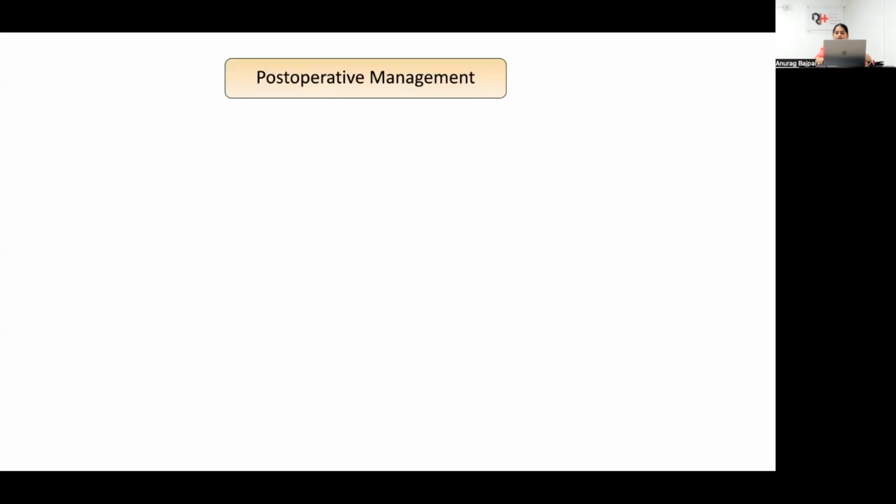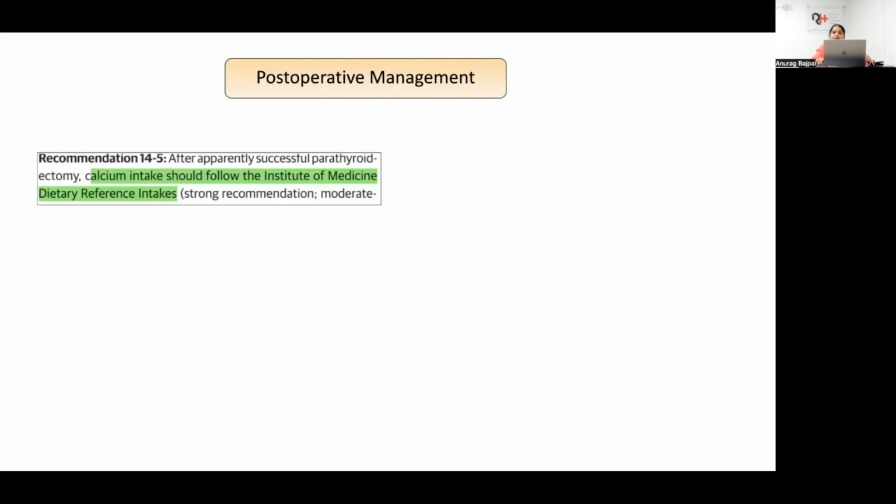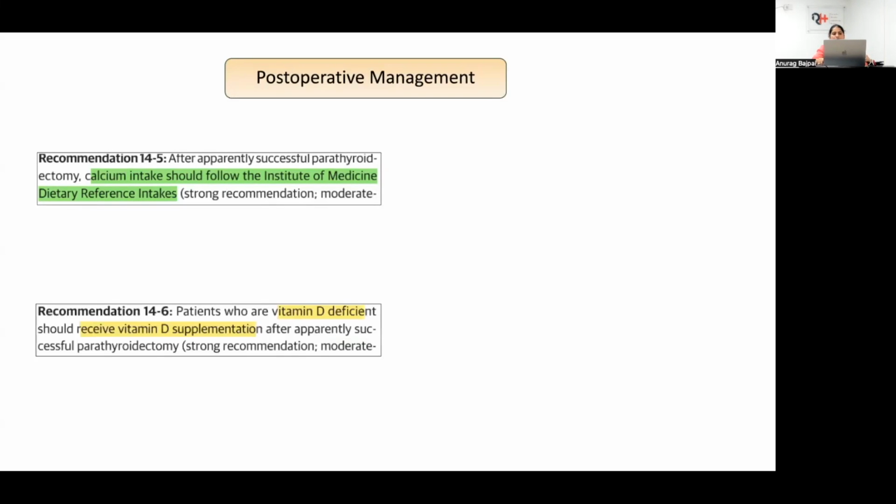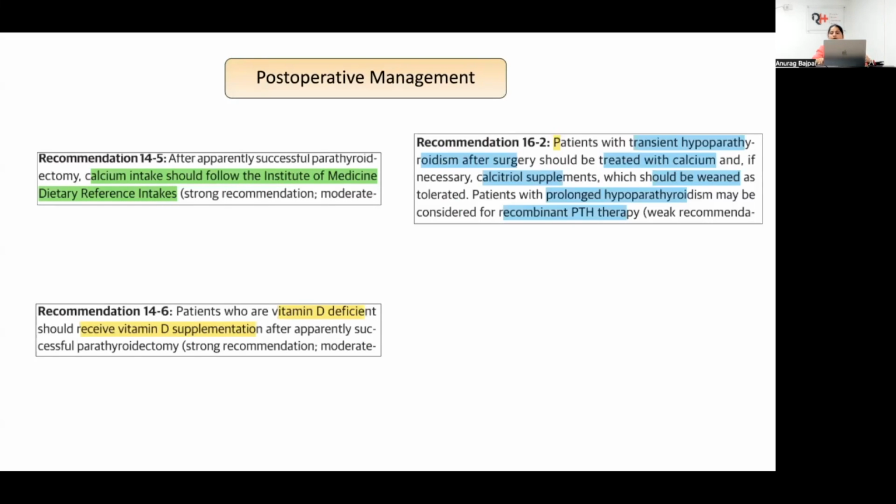Now, the post-operative part has already been covered. After the surgery, calcium intake should follow the Institute of Medicine dietary references. Vitamin D deficient patients should receive vitamin D supplementation after the surgery. Patients with transient hypoparathyroidism after the surgery should be treated with IV calcium or oral calcium supplements and weaned as tolerated.